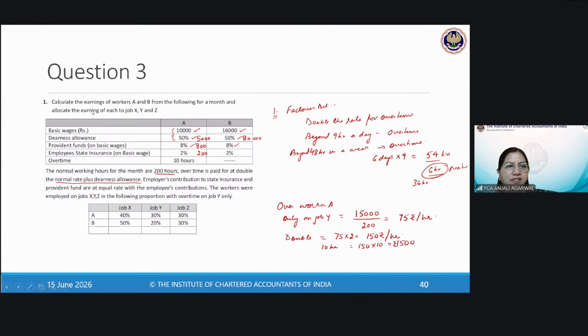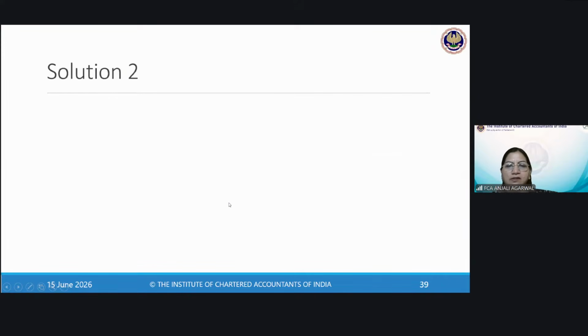So let's do the calculation. We have to calculate the earnings of workers A and B from the following for a month and allocate it to jobs X, Y, and Z. Worker A, worker B: 10,000, 16,000. DA 50%. PF 8%.